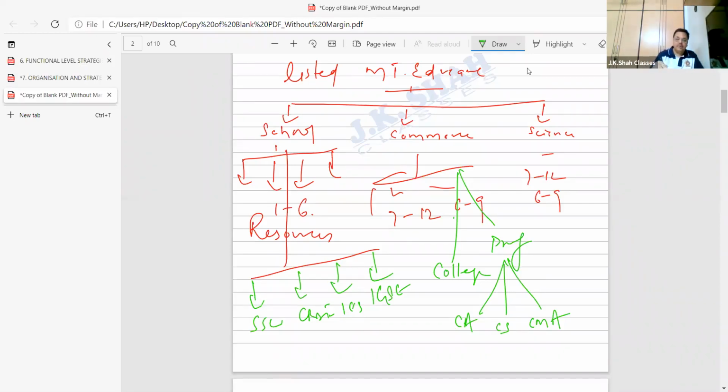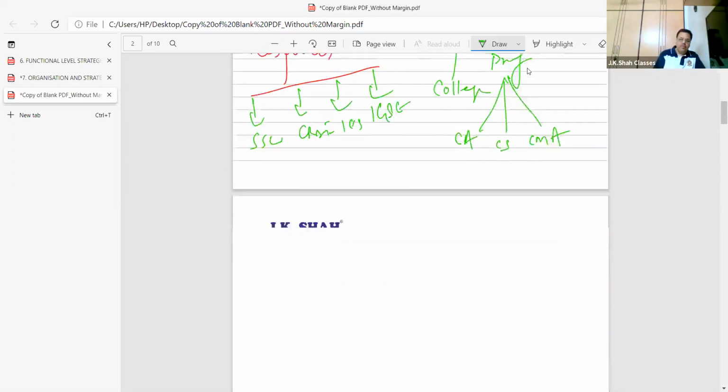Now the question comes, listen, what are the other ways in which divisional structure can be made? So there are many other ways, students, in which we can have divisional structure. Like what? Pay attention.